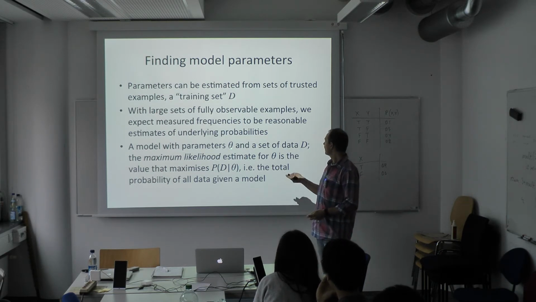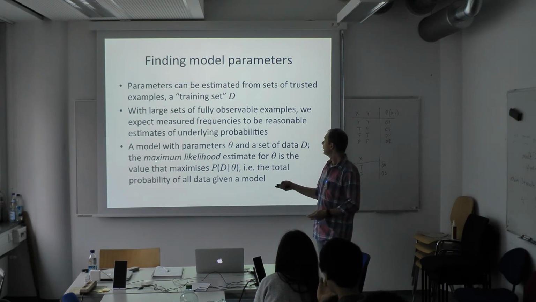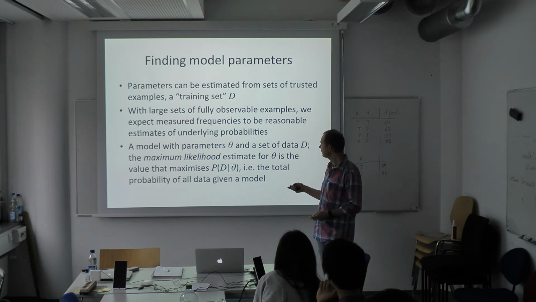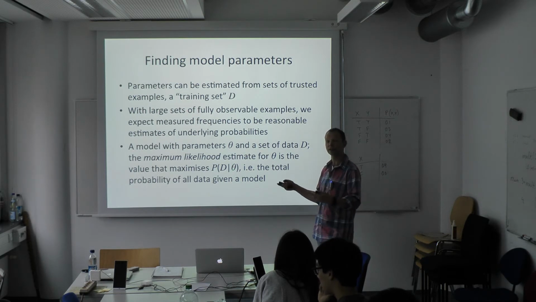So a model with parameters theta and a set of data, that's what we're going to deal with here. Theta is the symbol I use for the parameters. The maximum likelihood estimate for theta is the value that maximizes this expression here: the probability of seeing D given theta. So this is our model. It's going to generate some data for us.